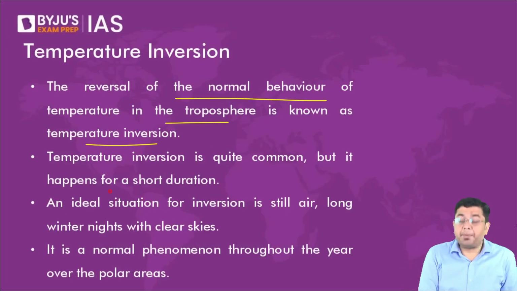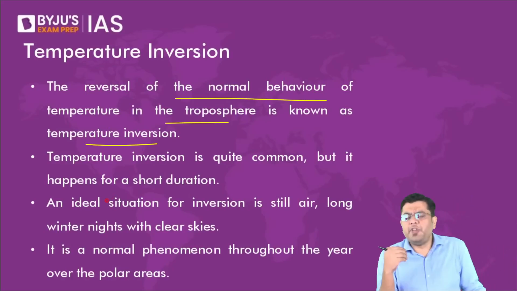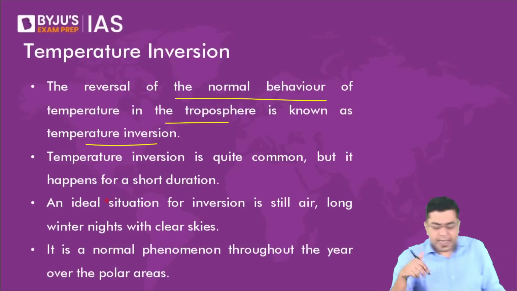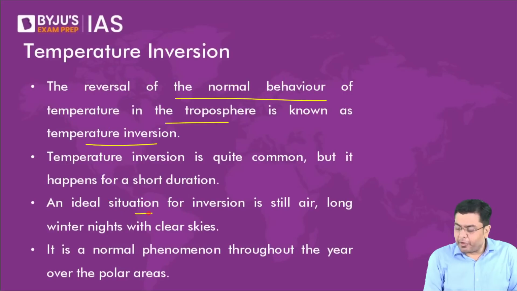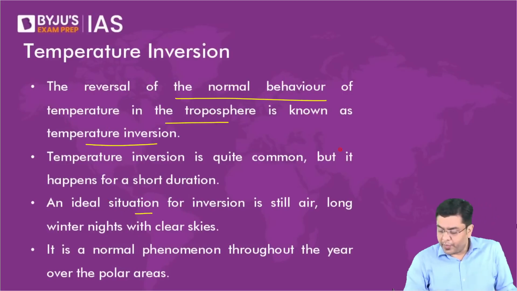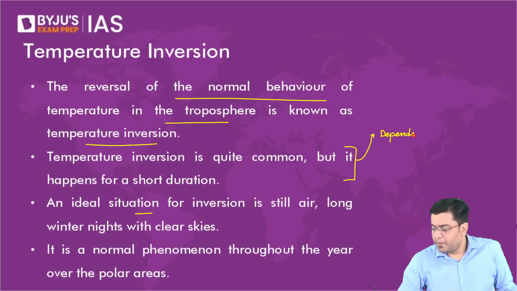It is quite common but happens for a short duration because of various climatic factors and certain conditions that we will take a look at. An ideal situation for inversion is still air, long winter nights, etc. It depends on variations in climatic conditions.